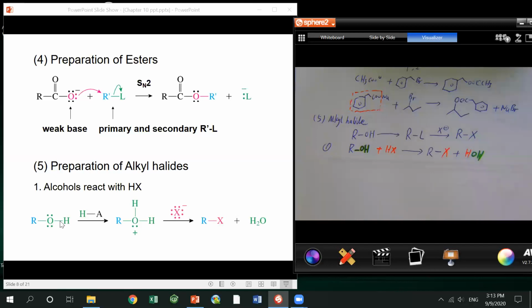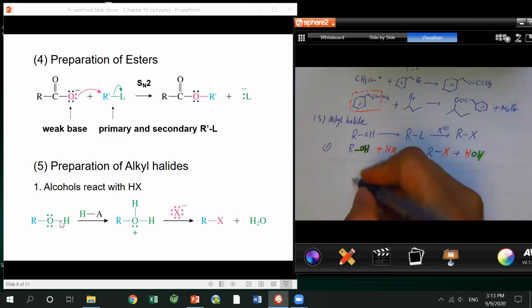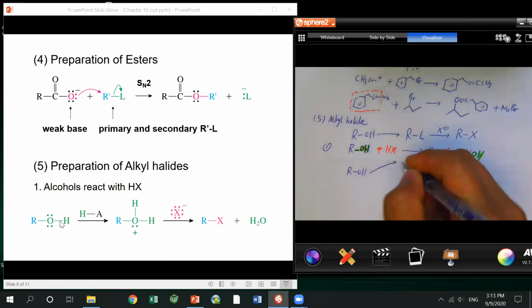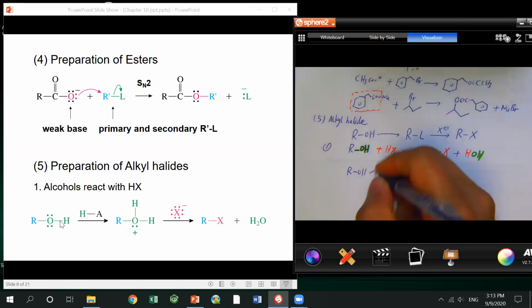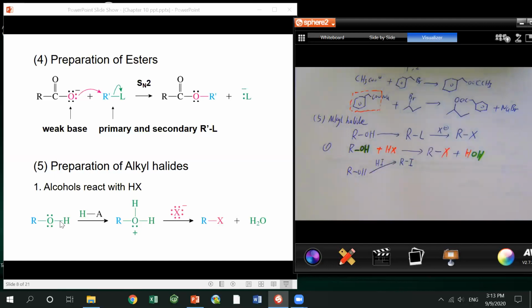When we look in more detail at what kind of alkyl halide, it's a little bit different. If you want to convert an alcohol to an iodide, you can use HI, no problem. HI is a very strong acid, so it can do the reaction.